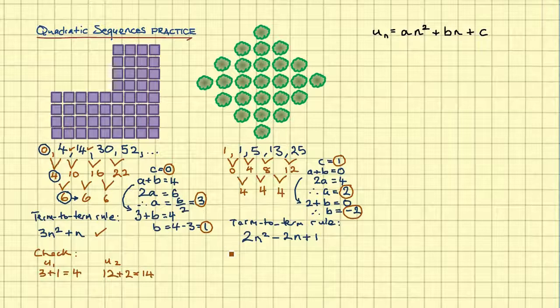And then finally we do have a constant at the end this time, plus 1. So there's our term-to-term rule, but we do need to check. So let's write down our check.